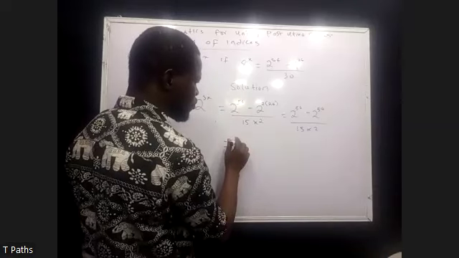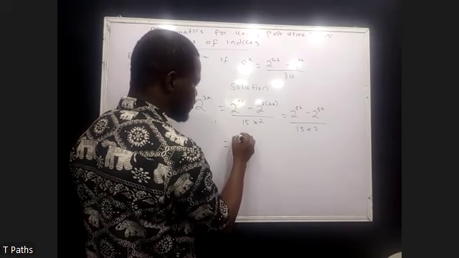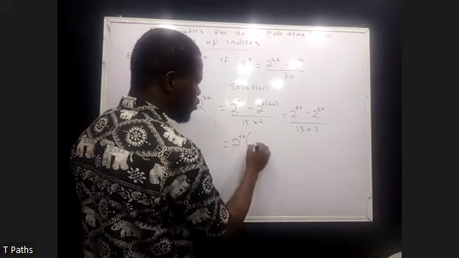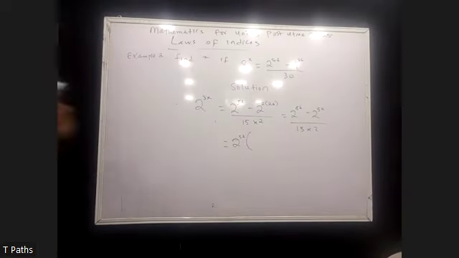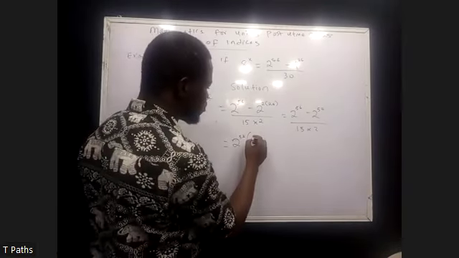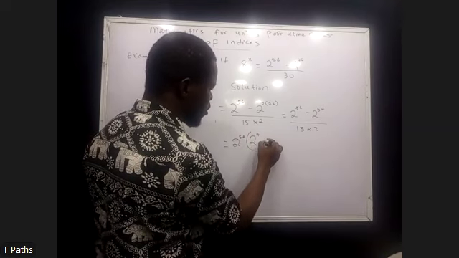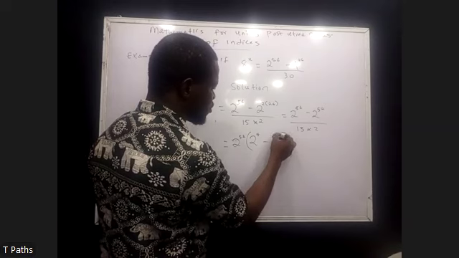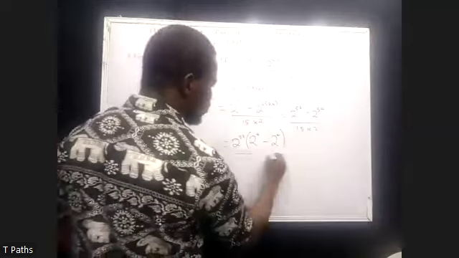Now I can write 2 raised to power 52 out. What do I need to write here? You don't have to write 2 raised to power 4 minus 2 raised to power 0 maybe.